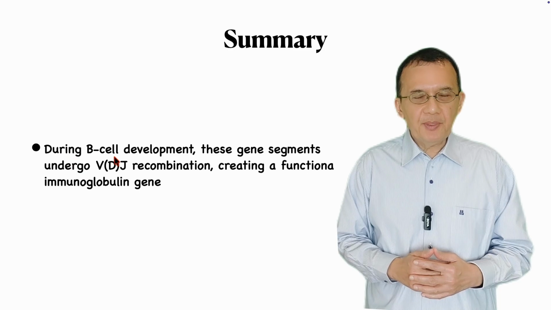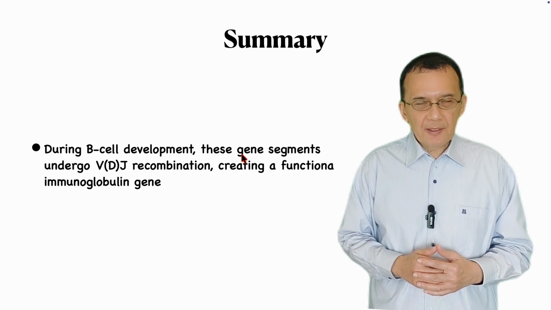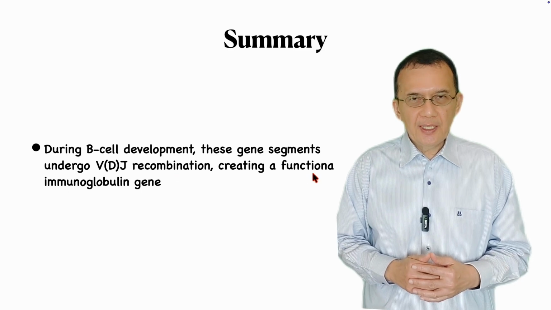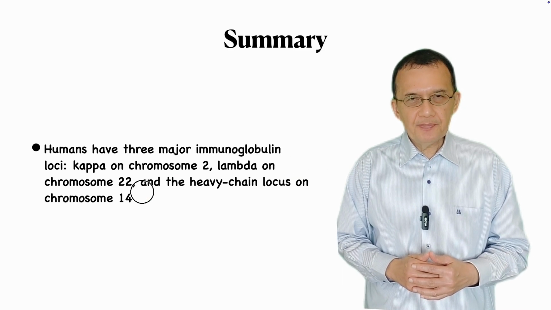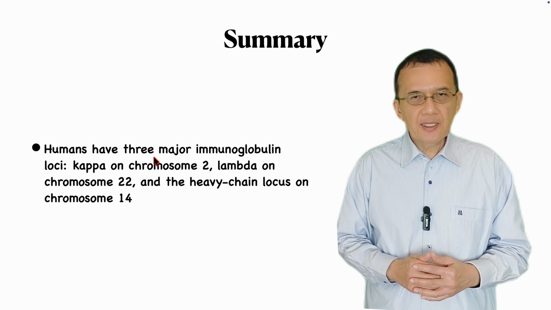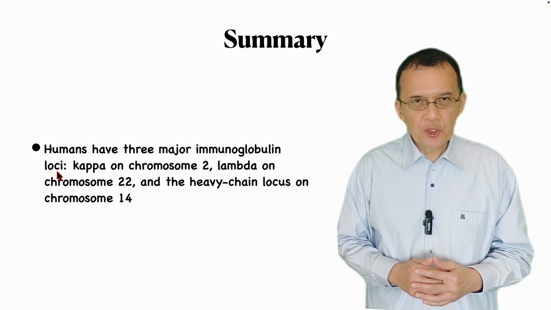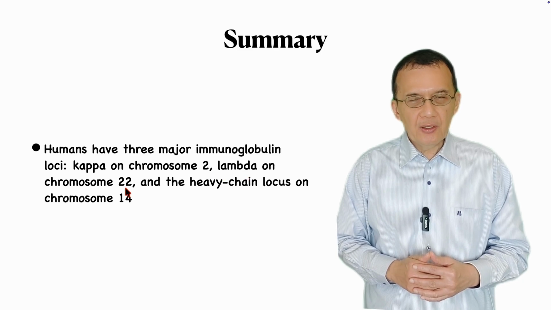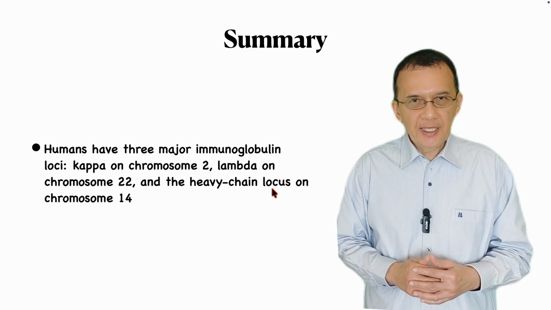Third, during B cell development, these gene segments undergo VDJ recombination, creating a functional immunoglobulin gene. And finally, humans have three major immunoglobulin gene loci: kappa on chromosome 2, lambda on chromosome 22, and the heavy chain locus on chromosome 14.